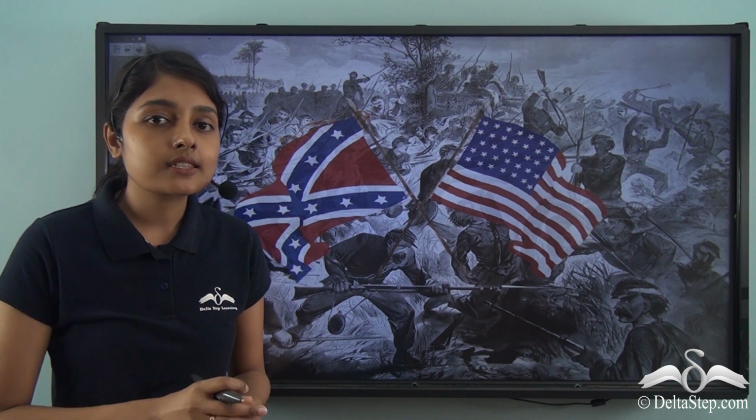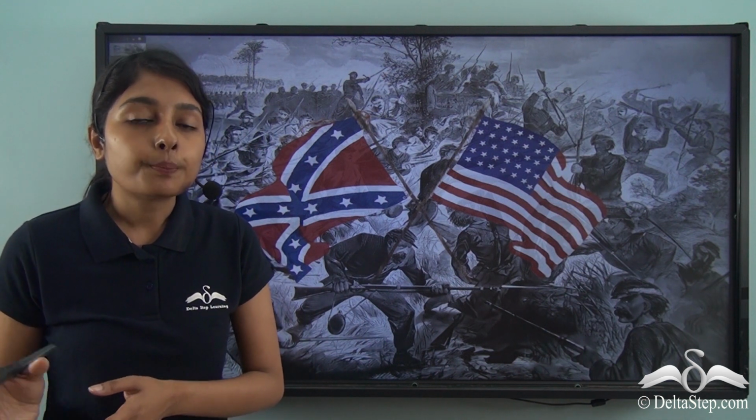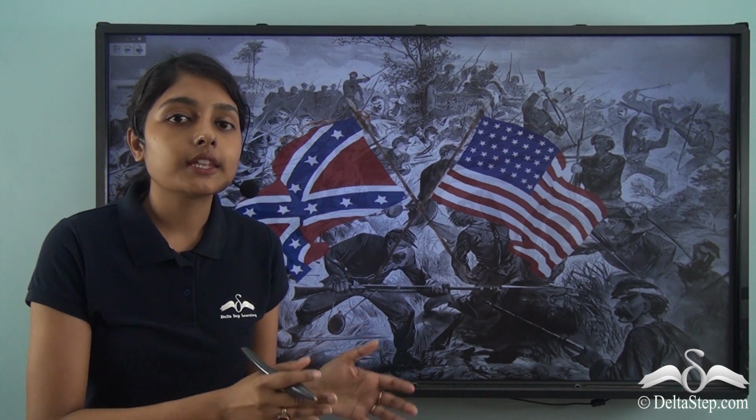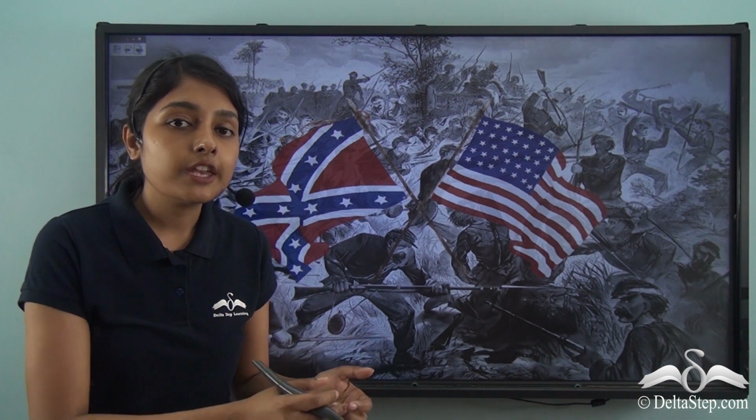The northern states together with the Federal forces made up the Union, and the southern states made up the Confederacy. The northern states were pro-abolition and anti-slavery, and the southern states on the other hand wanted to reinforce and strengthen the practice of slavery. This explains to us what the American Civil War was.